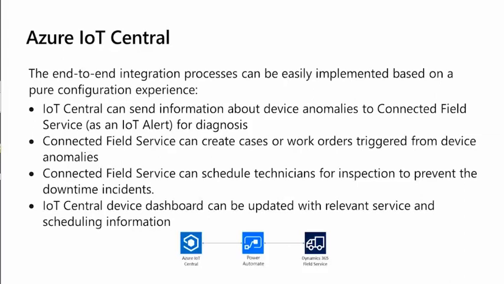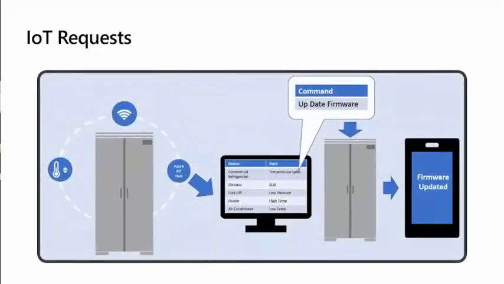So let's actually look at an example of how an IoT request is going to flow into your connected field service. So what happens is we have a refrigerator. And this refrigerator is using an IoT device that's sharing the temperature readings with the local IoT hub.